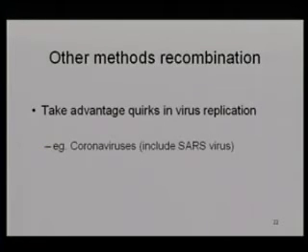Okay, no problem? Okay. So there are other methods of recombination, because as you doubtless realize by now, these RNA viruses, there's probably quite a few simple solutions to these problems, particularly if you have got so many RNAs in the cell that if something goes wrong, it doesn't really matter.